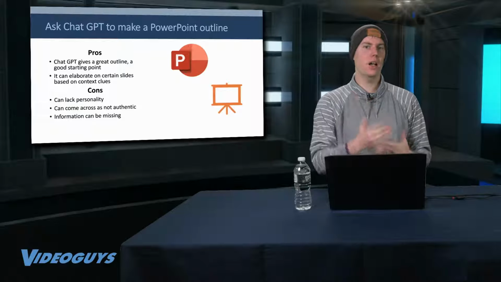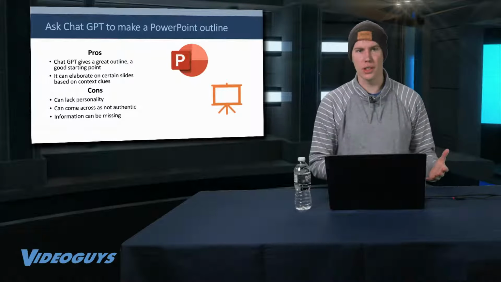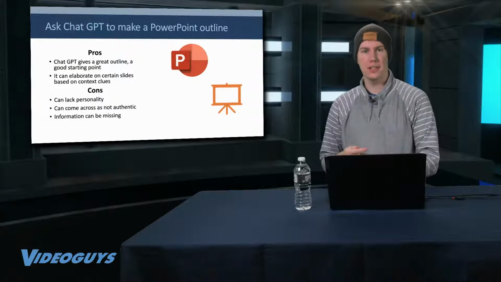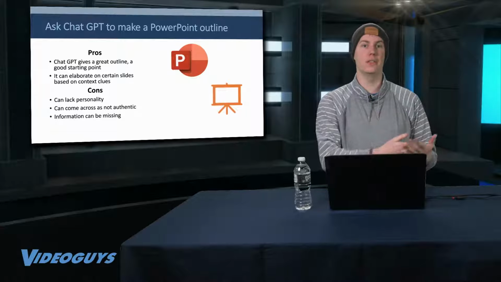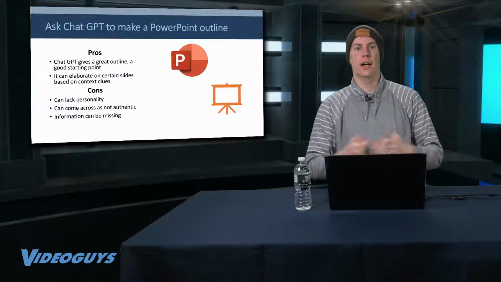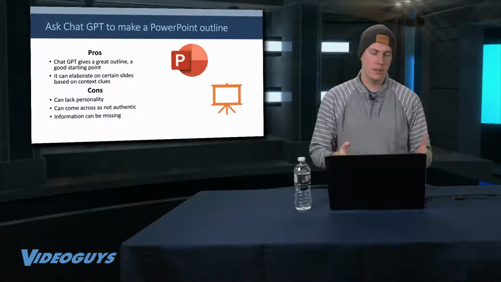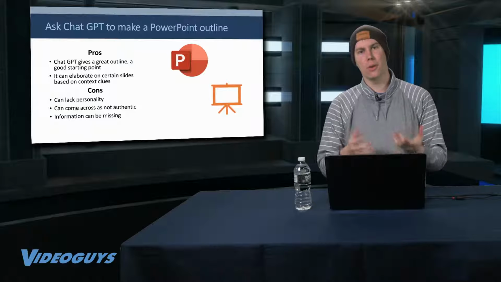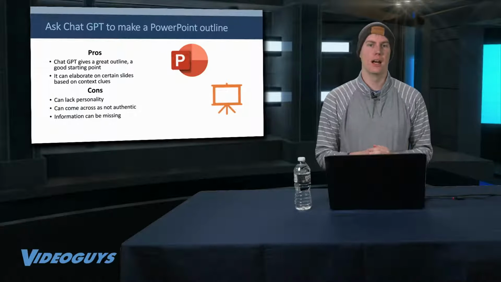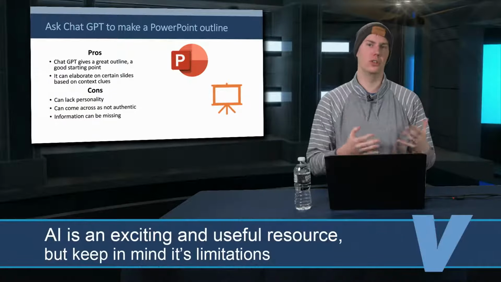Because if you're not understanding the verbiage that ChatGPT is using, it will rephrase its answer. You can have it say, explain it to you as if you don't know what IP is at all, and it will be able to elaborate. And that is a pro, but at the same time, just make sure that you are checking your resources. Don't fully rely on ChatGPT, but use it for a good starting point.